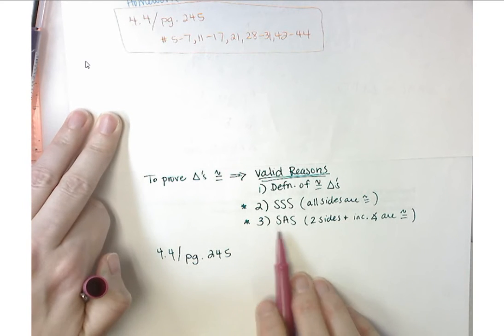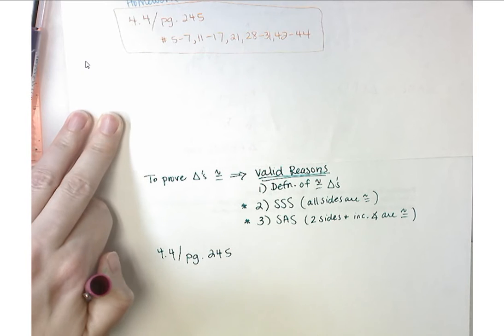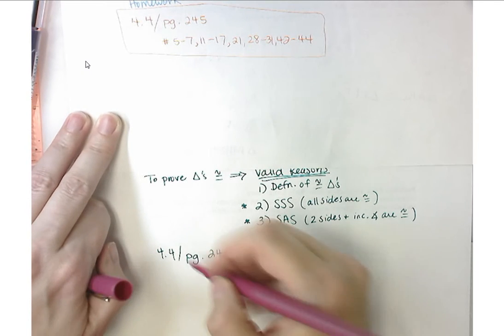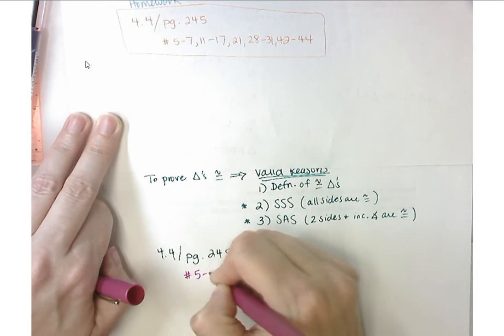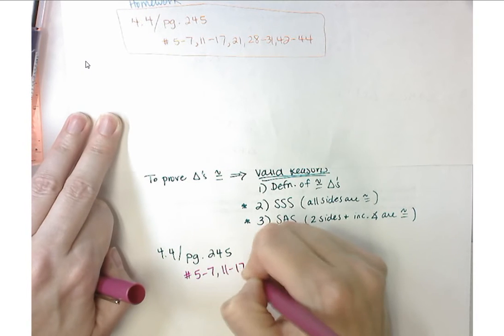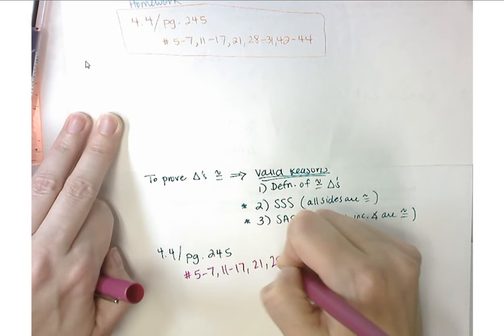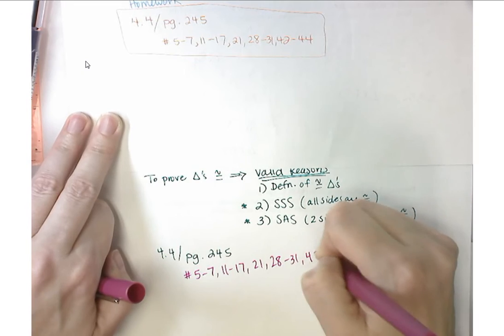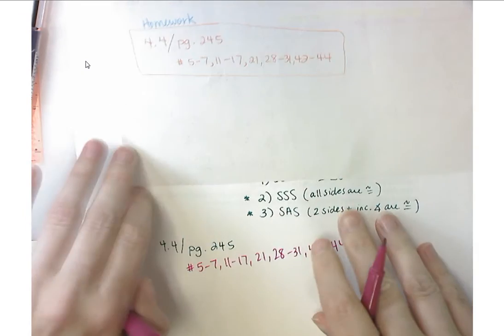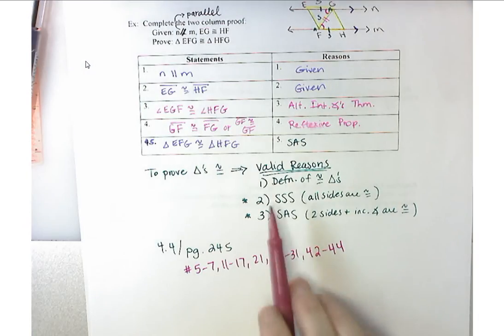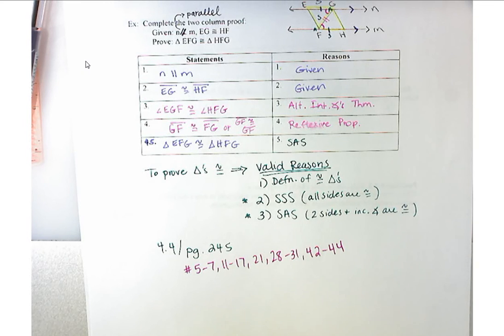And if you have side angle side, you have two sides and the included angle congruent. So if you're doing a proof with two triangles congruent, these are the only reasons we know right now that you can use.